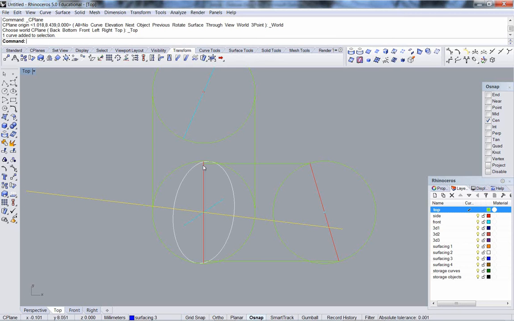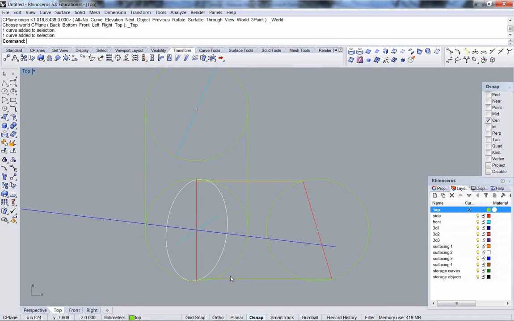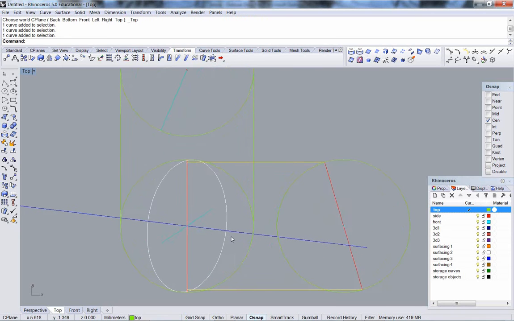I haven't changed this axis. Well, this is always vertical. I have, however, changed these two.